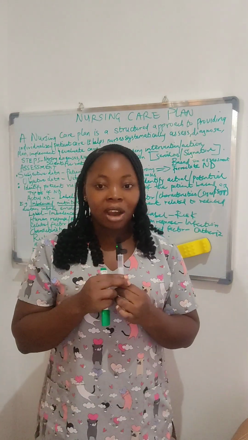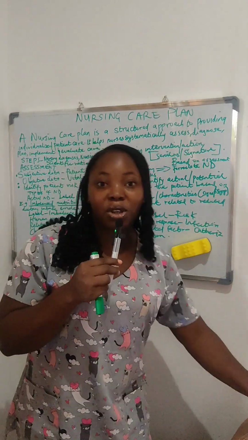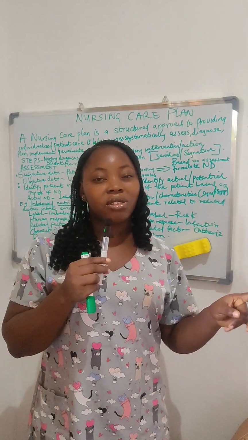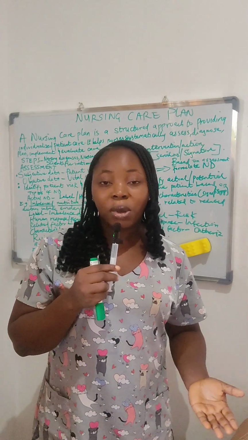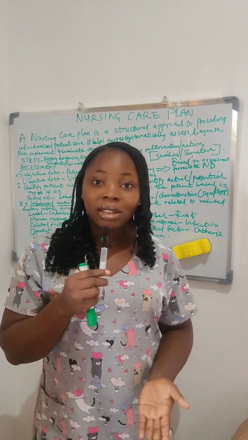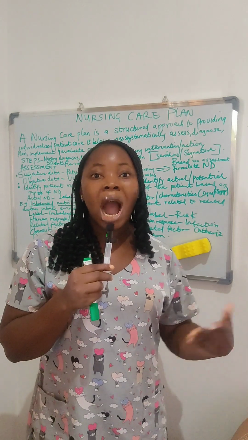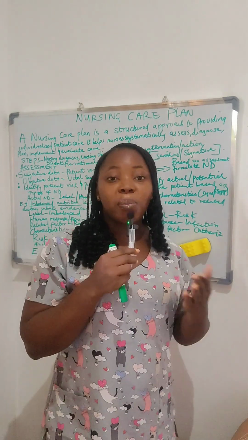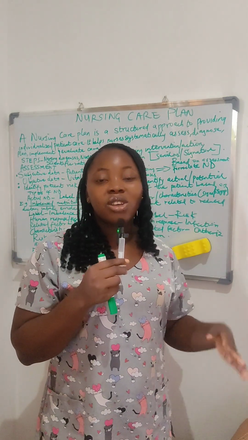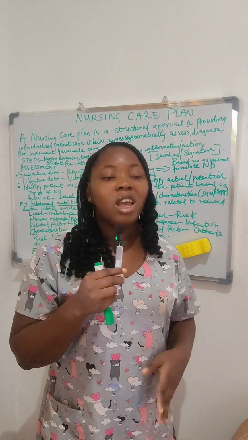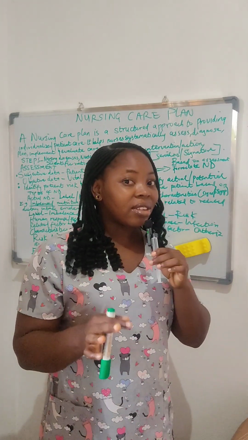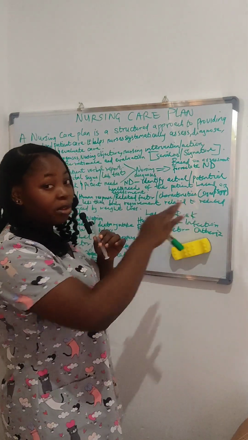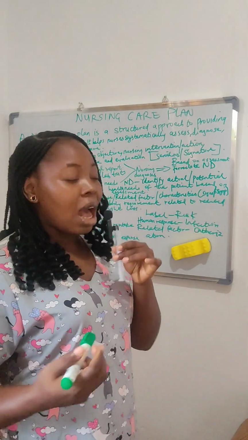Maybe this patient has pain, from what the patient told you. You can back it up with a pain scale. You ask your patient, from 1 to 10, how severe or how moderate is your pain? The patient says it's 8. You now know that the pain is severe. So your nursing diagnosis can be acute pain. That is how the nursing diagnosis is formed using patient assessment.